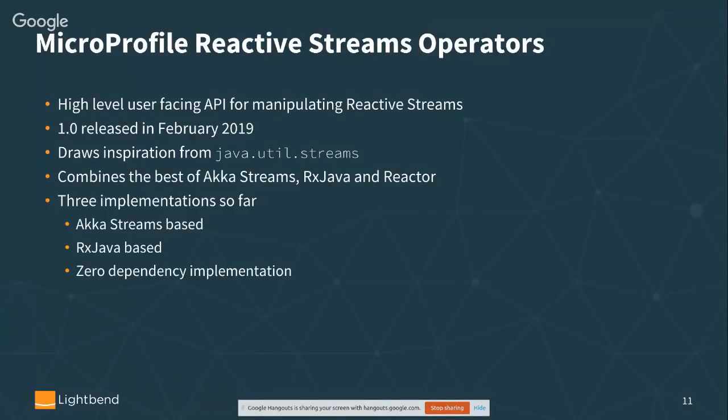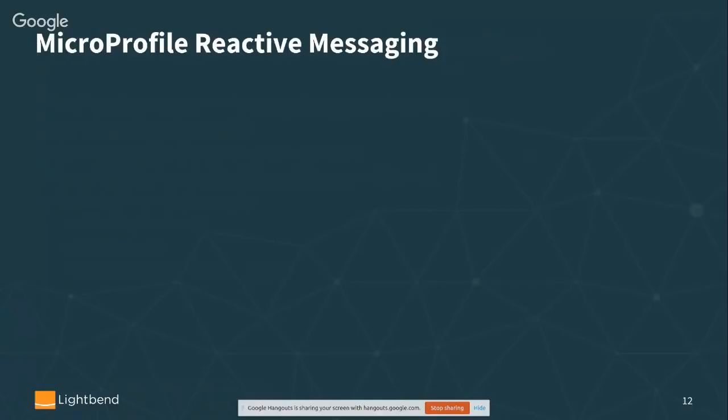It's the same sort of methods. And using Reactive Streams operators out of the context of actually doing asynchronous I/O processing really isn't interesting. You're much better off using Java util streams. So before I give a demo of this API, I'd like to move on to the next spec, which is something that actually uses and provides a use case for these operators to do some I/O processing. And that's MicroProfile Reactive Messaging.